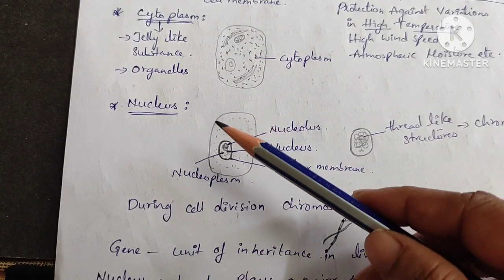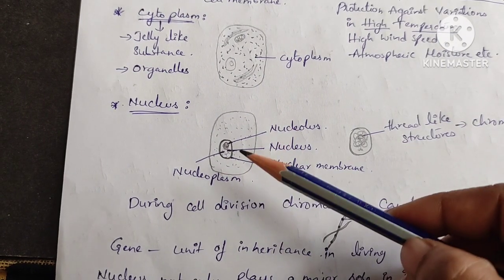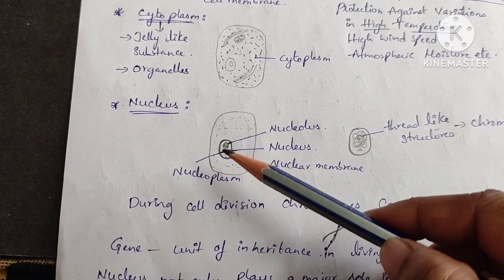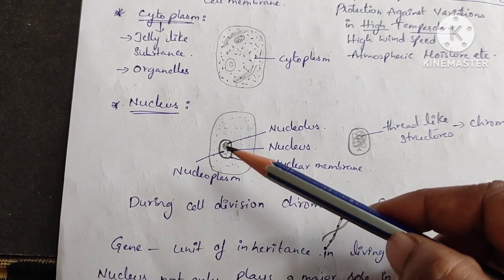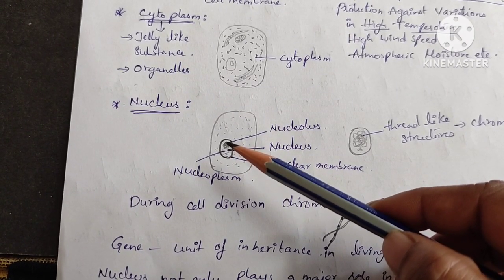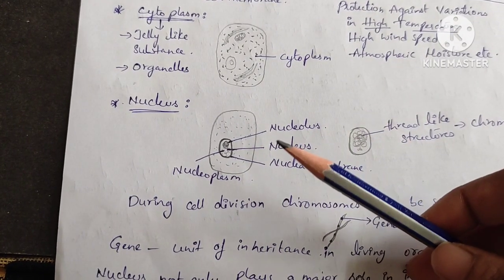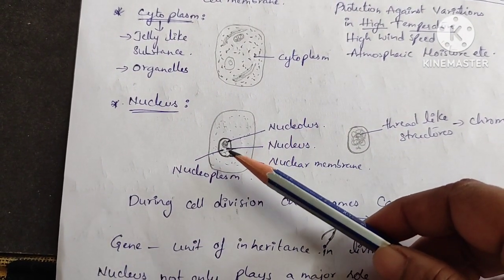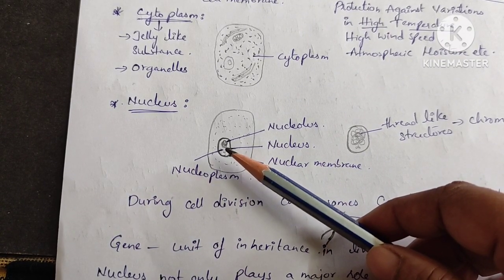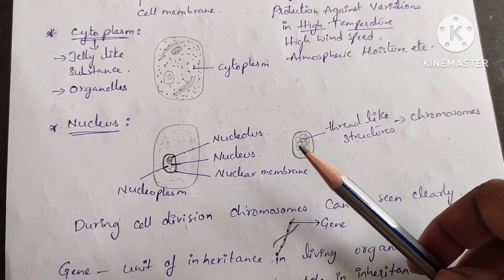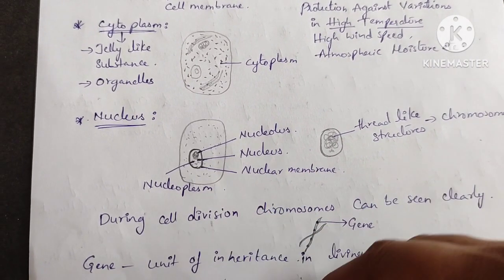Just like a cell has a cell membrane, the nucleus has a nuclear membrane. Inside the nucleus you can see a round spot called the nucleolus. In addition to the nucleolus, you can see some thread-like structures inside the nucleus. These are chromosomes.